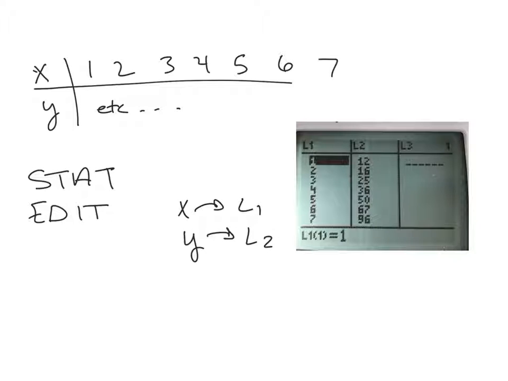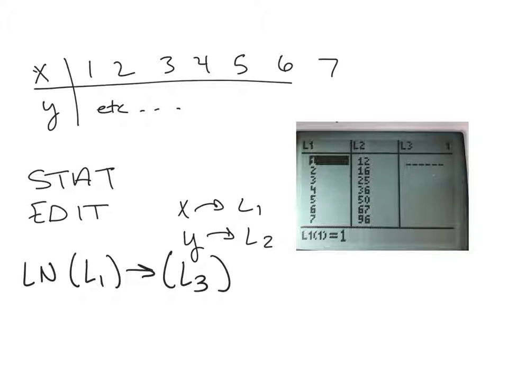The next thing I would like you to do is find the L1 button on your calculator. It's second, number 1. We're actually going to take the log of L1 and store that into L3.